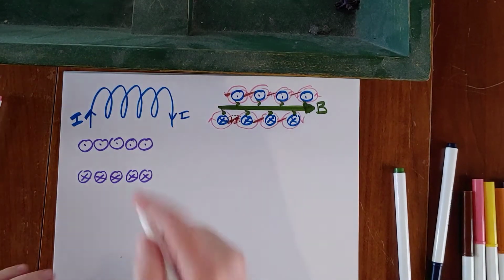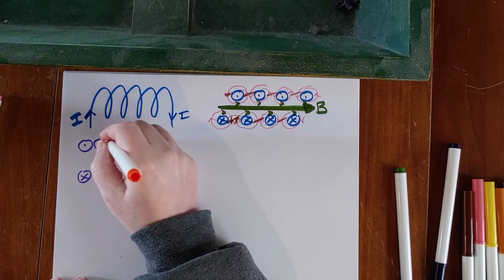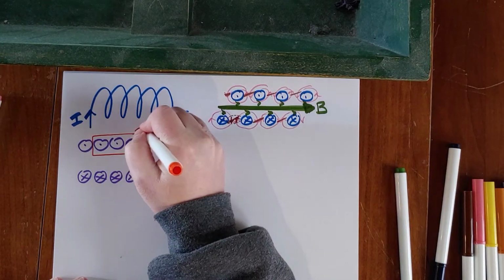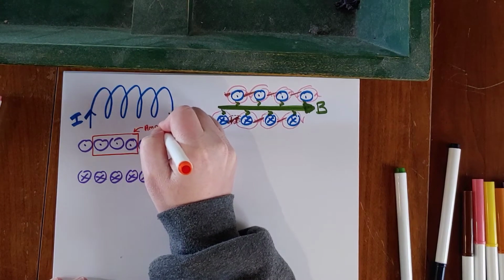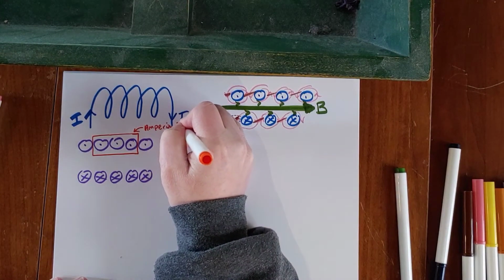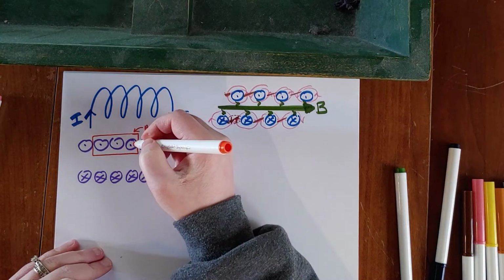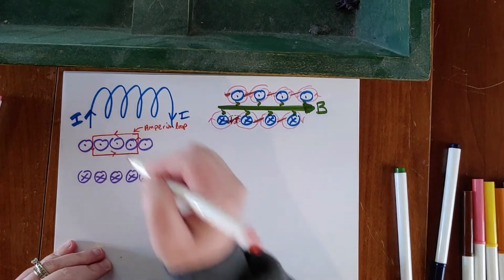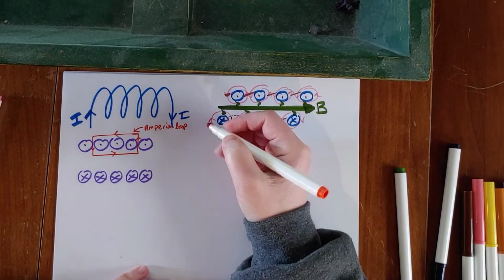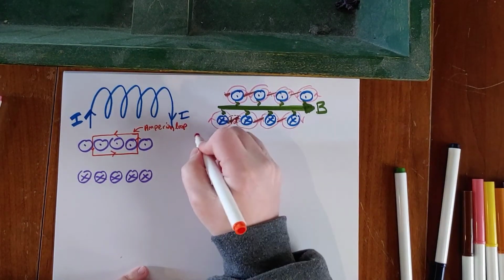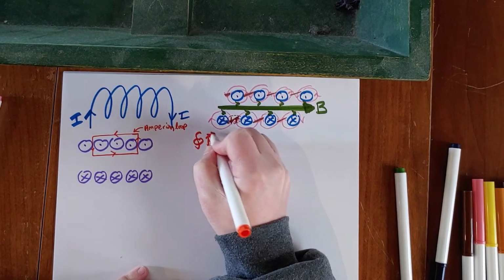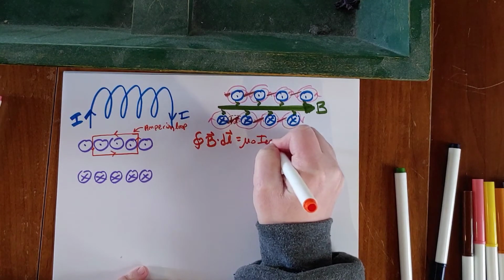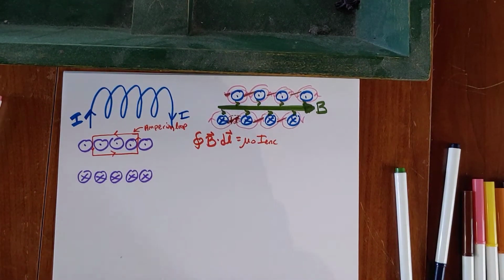So I'm going to draw an Amperian loop. Okay, so let's talk about what that means. I'm going to give it a direction, and I'll talk about the direction in a second. Why are we talking about Amperian loops? Because Ampere's law looks like that, okay?